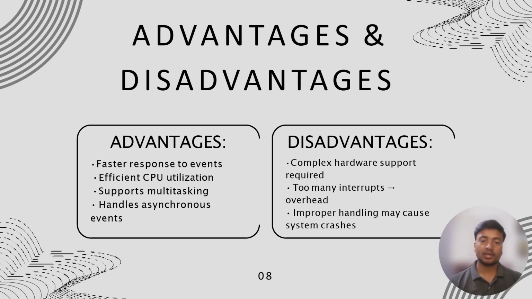Advantages and disadvantages of interrupt structure. First, advantages. Faster response to events. Efficient CPU utilization. Support multitasking. Handling essential events. Disadvantages.